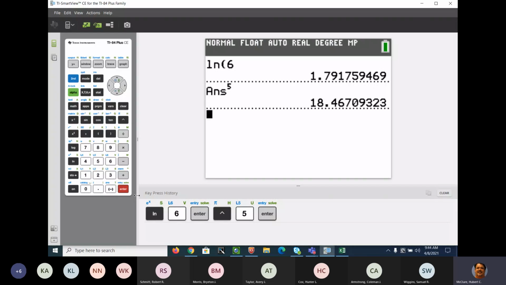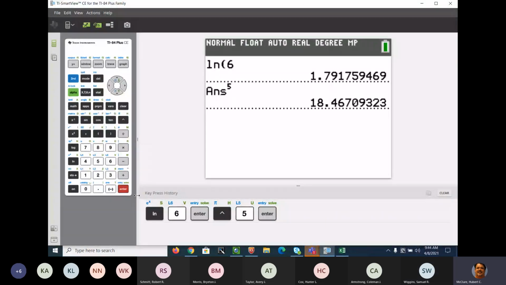Somebody plug 6 into the natural log of x to the 5th power and tell me if you got 18.5. Do y'all not have a calculator? I got it. Good. Did you get 18.5?